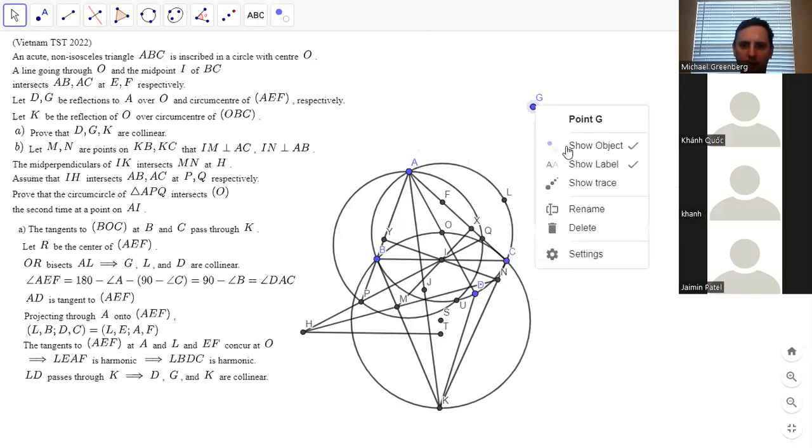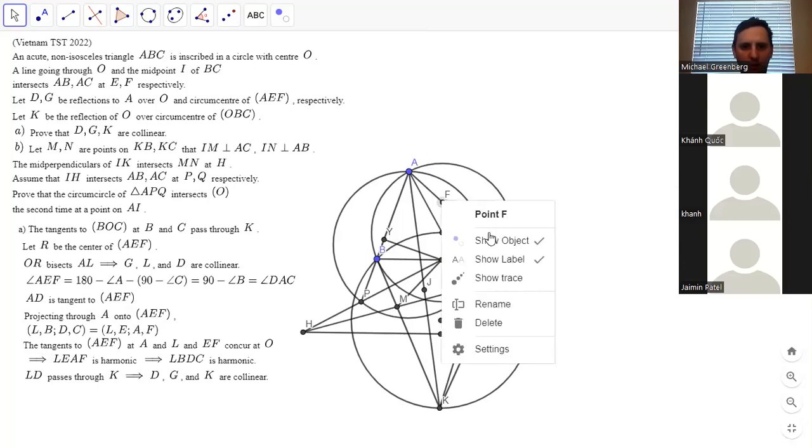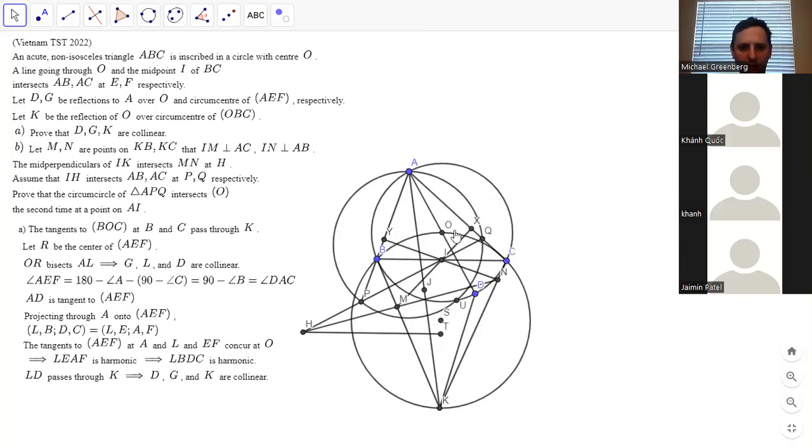So I'm going to hide it all. I don't think we need that. We need X and Y. That might be everything I can delete, actually.